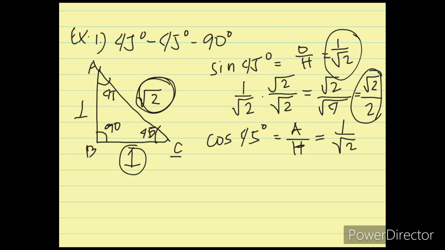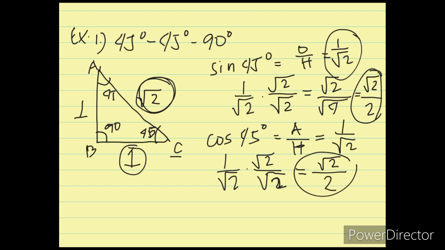Since the radical is in the denominator, 1 over square root of 2 times square root of 2 over square root of 2 is equal to, multiply numerator to numerator, 1 times square root of 2 is square root of 2, over 2 times 2 is 4, and the square root of 4 is 2. Therefore, this is now the cosine of 45 degree, square root of 2 over 2.